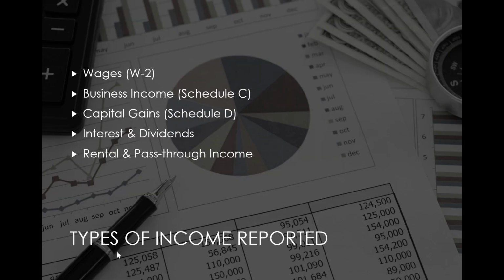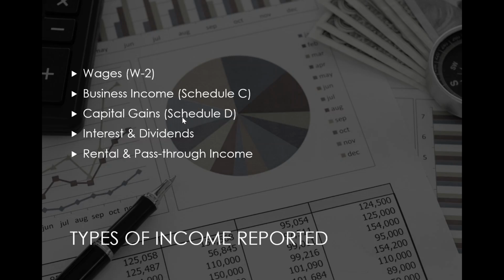So friends, in the income section, what type of income is reported? For wages, as per Form W-2, wages are reported for the salaried individual. If the person has business income, then he has to fill Schedule C, which is an annexure to Form 1040, and accordingly it will be reflected in the income section.